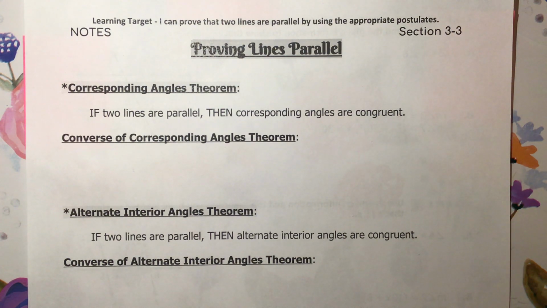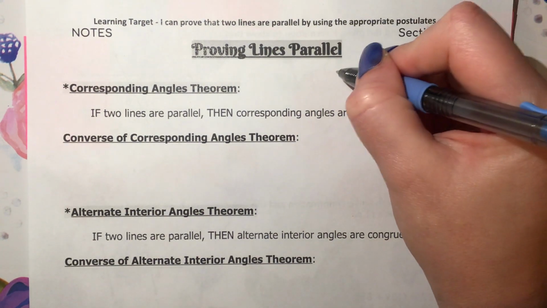So today I'd like for you to be able to prove that two lines are parallel by using the appropriate postulates or theorems. The first thing I want to remind you of is what a converse is. In our last chapter, chapter 2, we talked about converse, inverse, and contrapositive, but the converse is what we're going to be focusing on today.